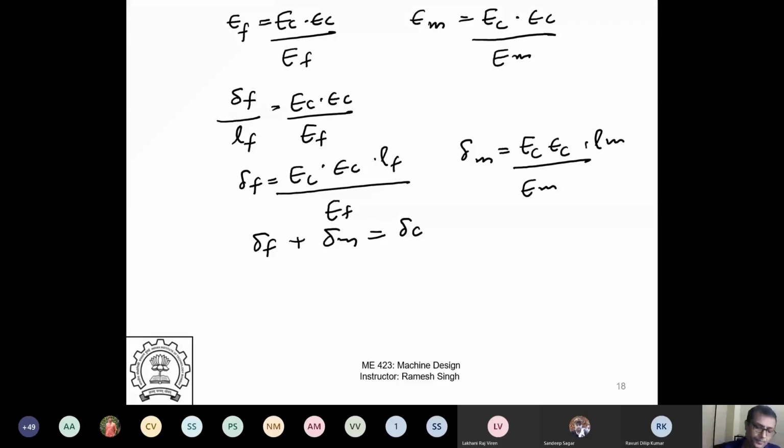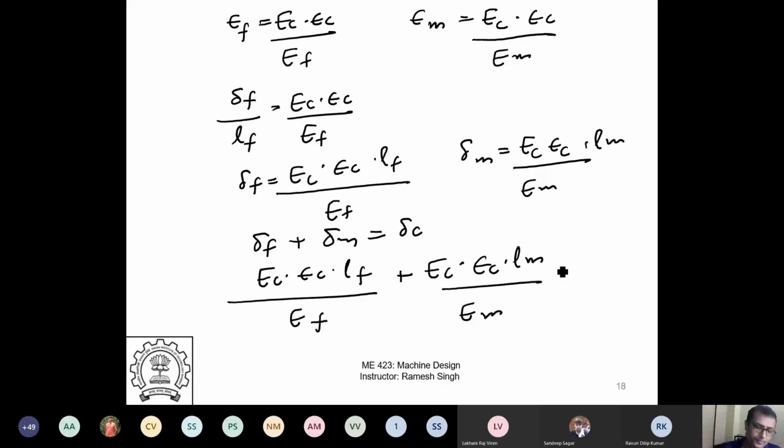So I get EC times epsilon C times LF divided by EF, plus EC times epsilon C times LM divided by EM, is equal to delta C.